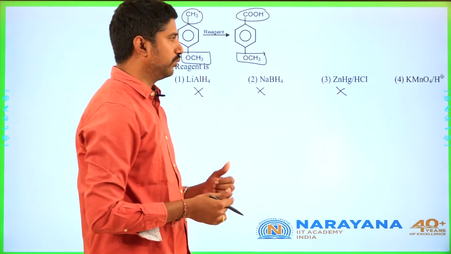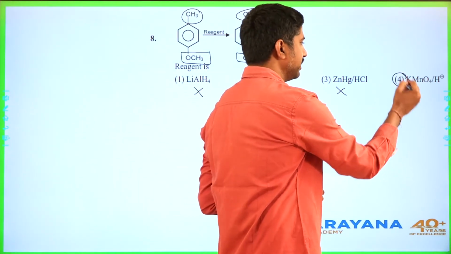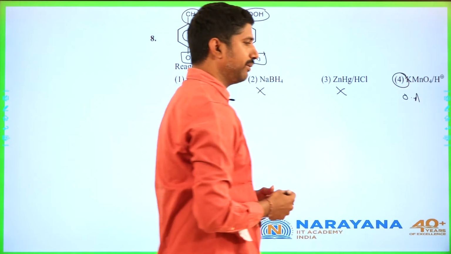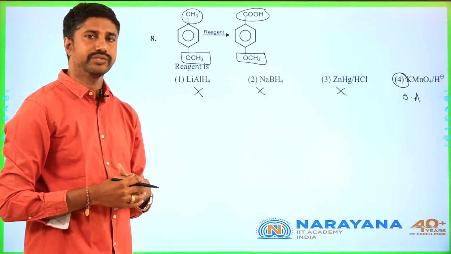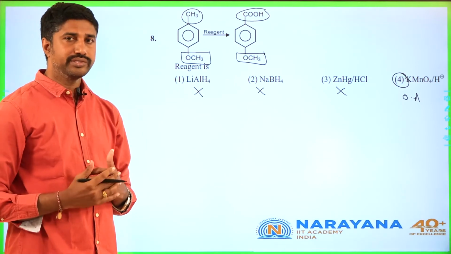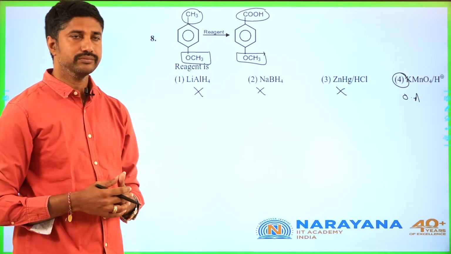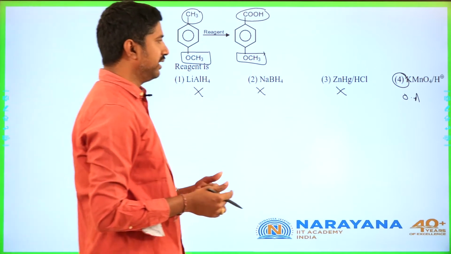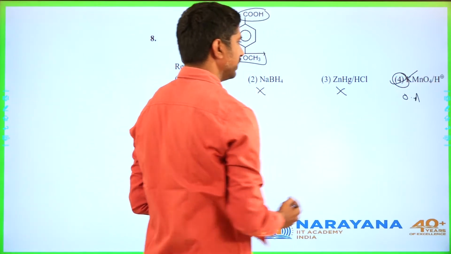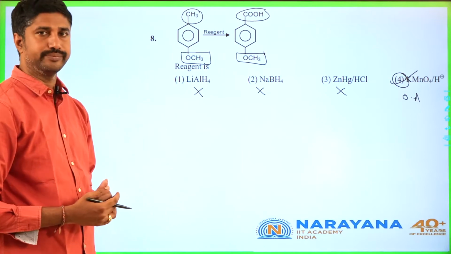Among the list, we have only one oxidizing agent, acidified KMnO4, which can oxidize the benzylic carbon to benzoic acid. So simply by elimination, we can directly answer the fourth option.